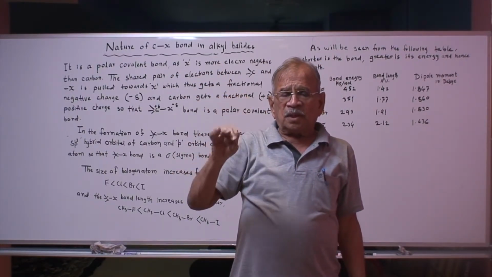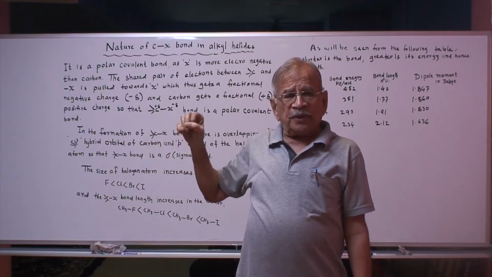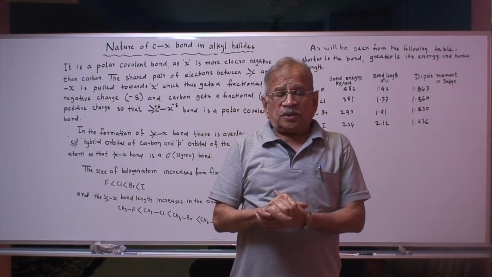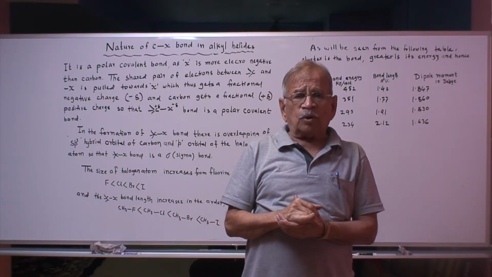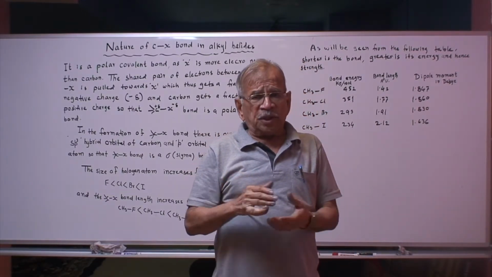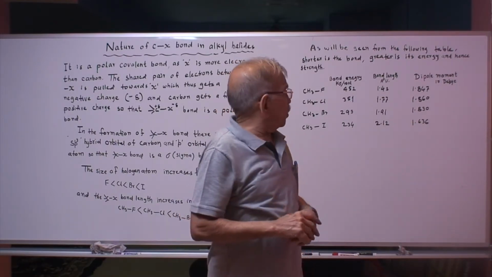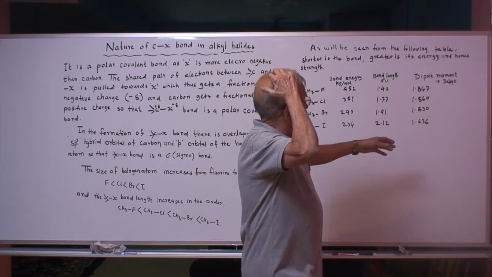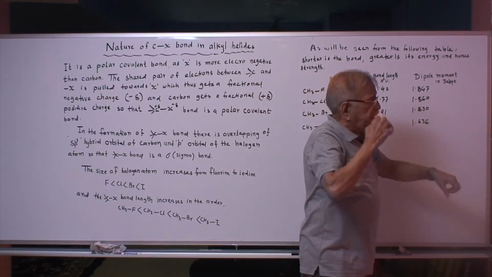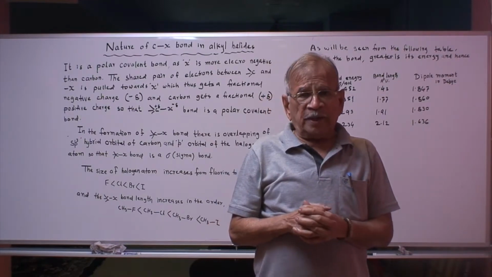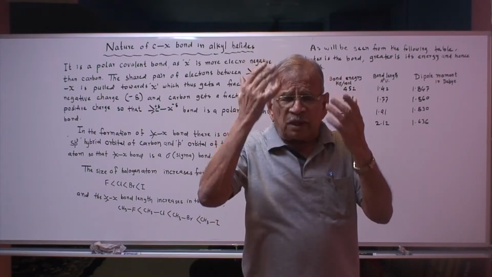Number two, the pulling of electrons by more electronegative atoms so that the CX bond becomes a polar covalent bond. Number three, the bond strength. Number four, the bond length. And the last column indicates the dipole moment. You might have studied dipole moment sometime in the past.